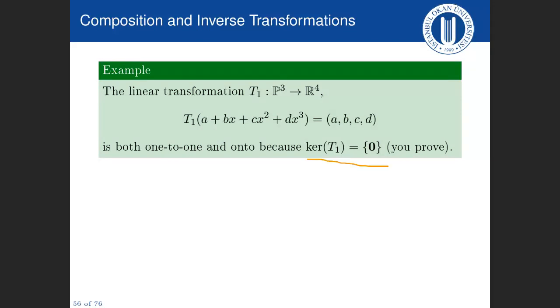The previous theorem said if our domain and our target are both finite dimensional vector spaces of the same dimension, which is what we have here, 4-dimensional vector spaces, and if you know that the kernel of your linear transformation is the set containing only 0, then it's both 1-to-1 and onto. Why is the kernel of T1 equal to the set containing only 0? That fact I'm going to leave for you to prove.